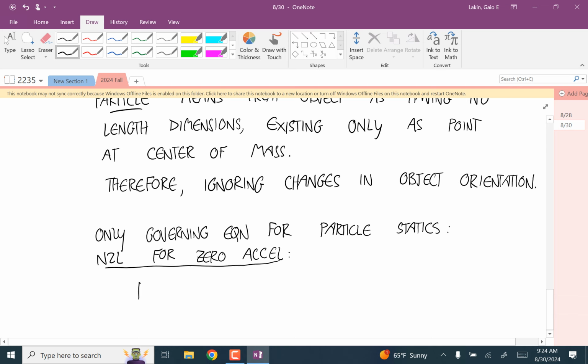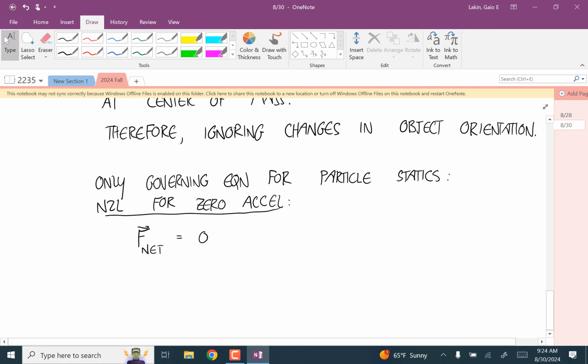And it just says that the net force on the body is equal to 0. This gives you 2 equations if you're doing a 2D problem, and 3 equations in a 3D problem.